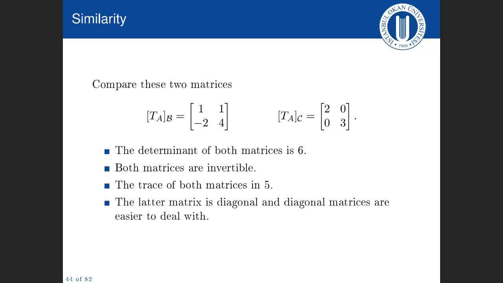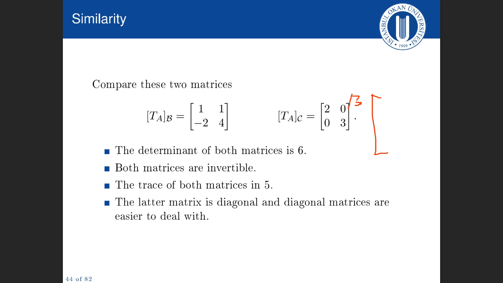The latter matrix is a diagonal matrix, and if you recall when we were talking about diagonal matrices earlier, diagonal matrices are much easier to deal with. If, for example, I said, find this matrix to the power 13, straight away you could write this down.